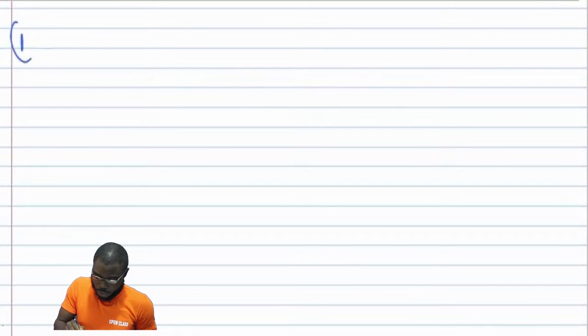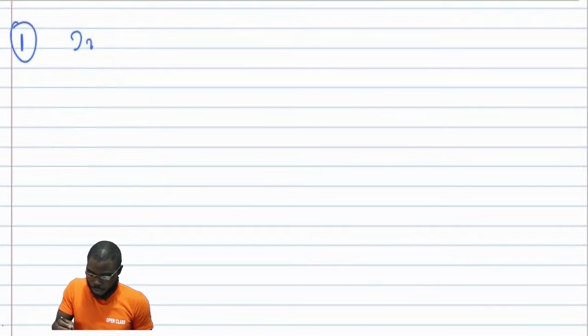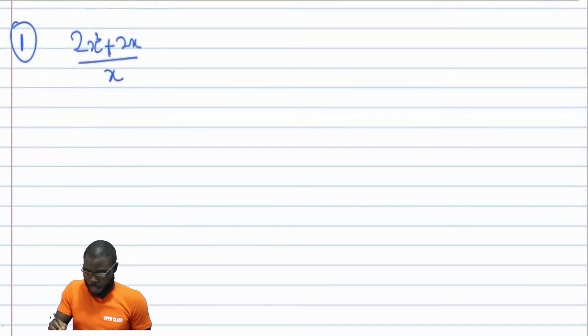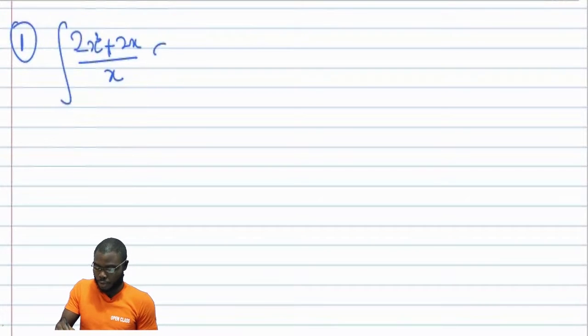So solution, we have 2x cubed plus 2x over x, with respect to x. We are to integrate this with respect to x.